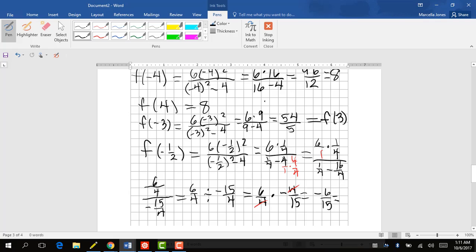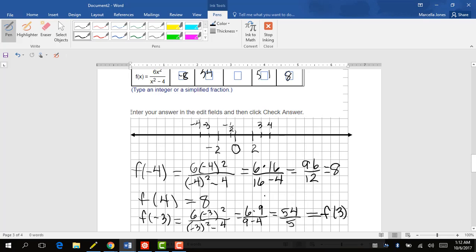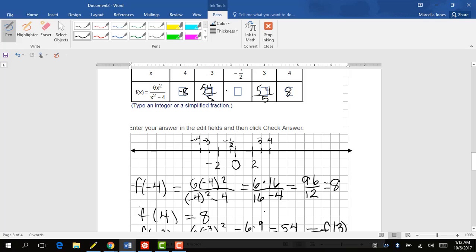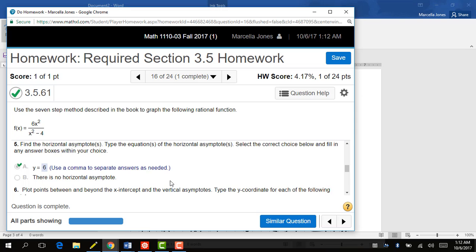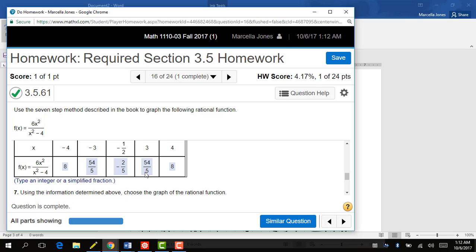So -6 divided by 3 is -2, and 15 divided by 3 is 5. So the answer here is -2/5. And I can put that information in my math lab. And when I do, I complete the table with these values.